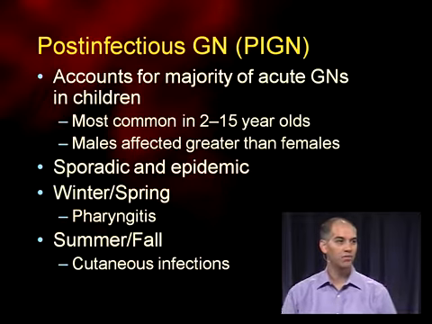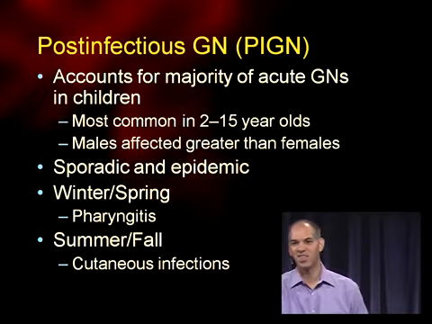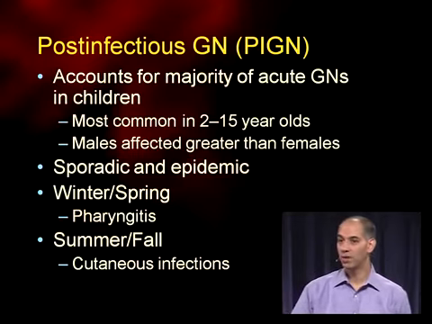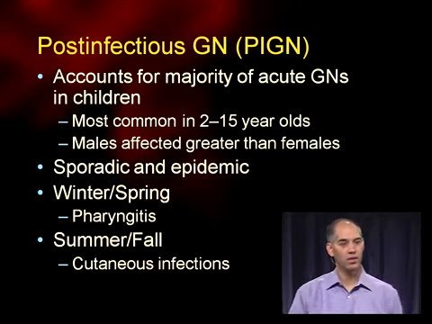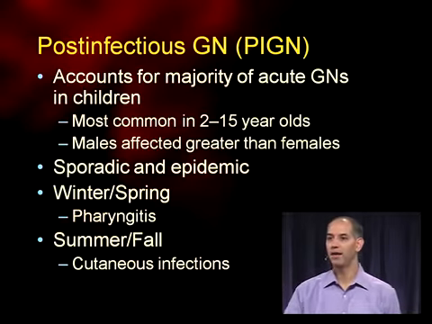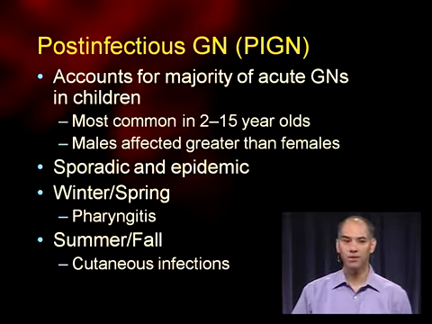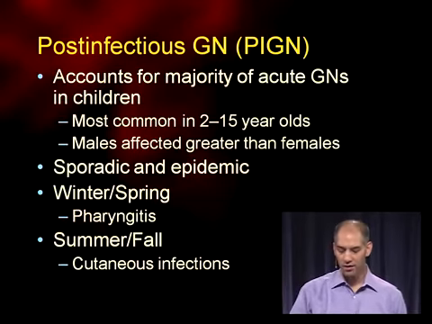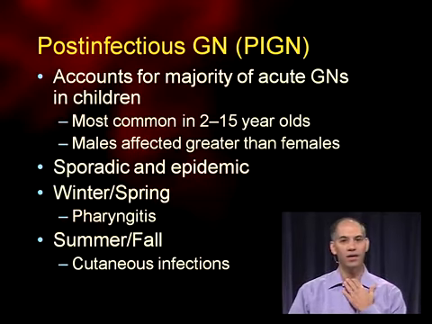It has a peak age of between 2 and 15 years old, when kids are getting a lot of strep throat infections. It's usually sporadic, although if you have a particularly toxic strain of strep that goes through a community, you can also get epidemics of post-infectious GN. In the winter and spring, we see it with pharyngitis.